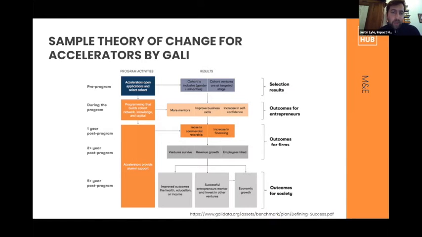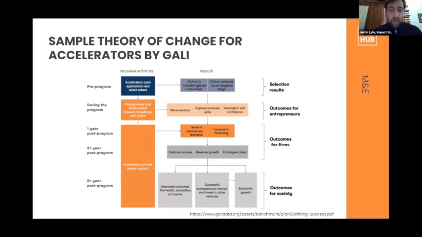And similarly, after the program, you would be interested in things like commercial partnerships, an increase in financing, and survival of the venture and revenue growth, and how many staff or employees the venture has. And these are things where, again, you'd want to be comparing the outcomes of the women entrepreneurs and the men entrepreneurs and see how well you're actually enabling the entrepreneurs to succeed.